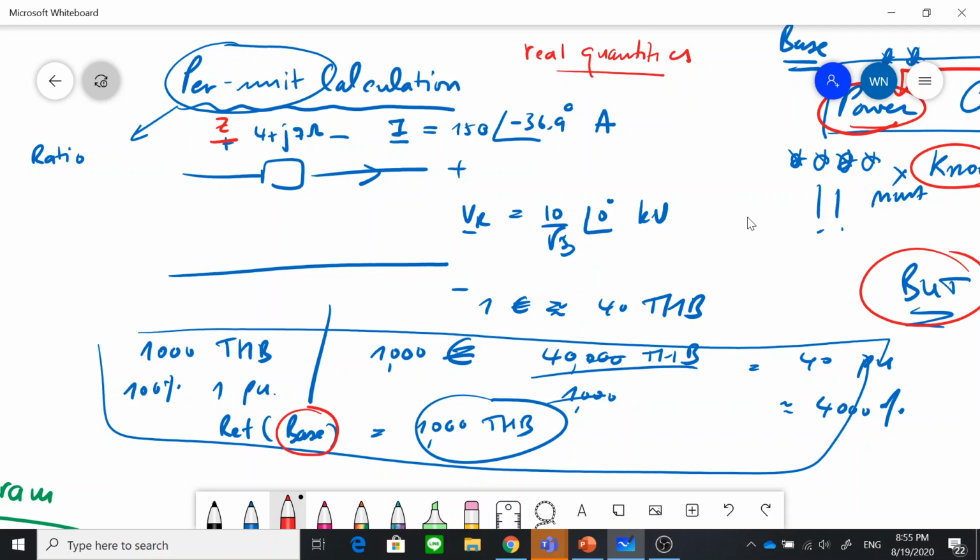In this case it's the same. We have Z, we have I, and we have V. So you have to specify the base for each of these three quantities, and then you could compute the base and convert these three quantities into per unit straight away.